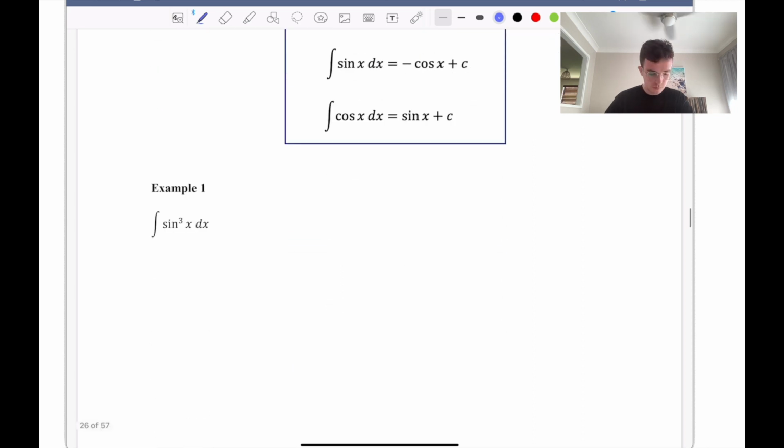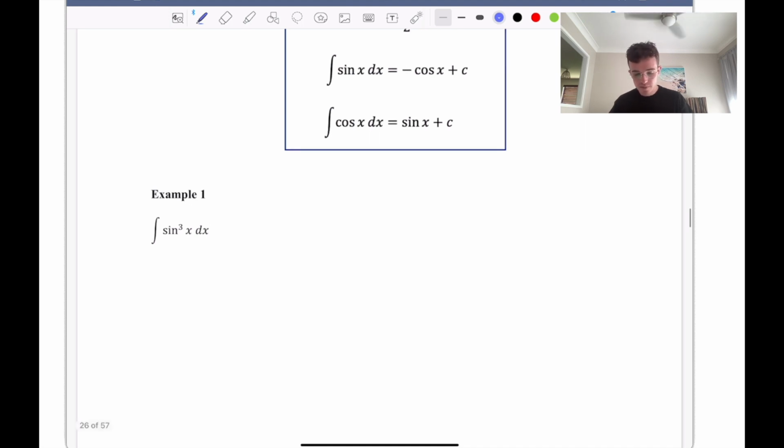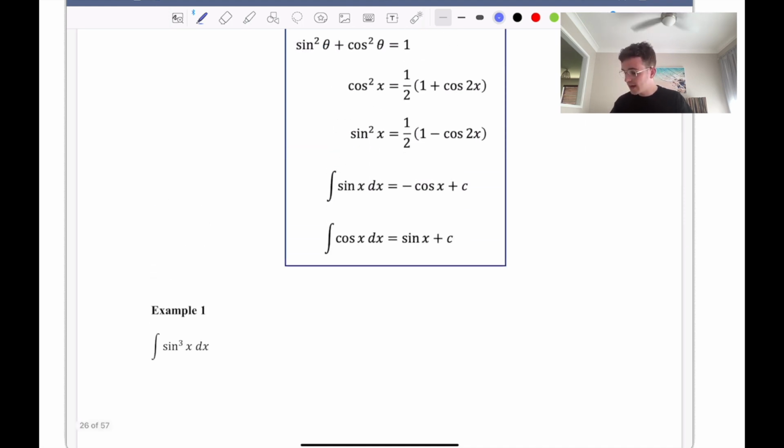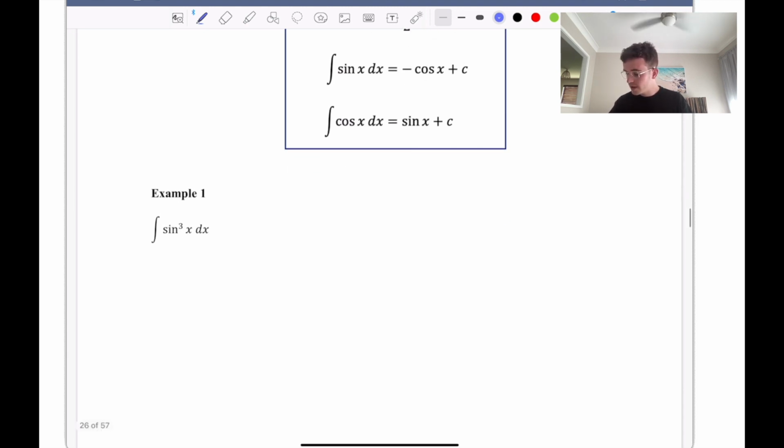So, example number 1, we're going to have a look at the integral of sine cubed of x dx. So, the integral of sine cubed, unfortunately, it's not in any of the forms that we have seen here. But we might want to remind ourselves and go, okay, sine cubed of x, well, that simply is the integral of sine squared of x times by sine of x dx.